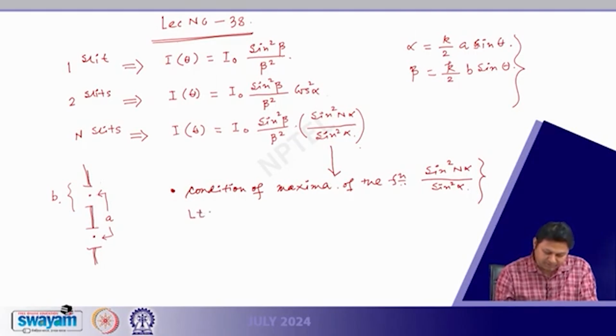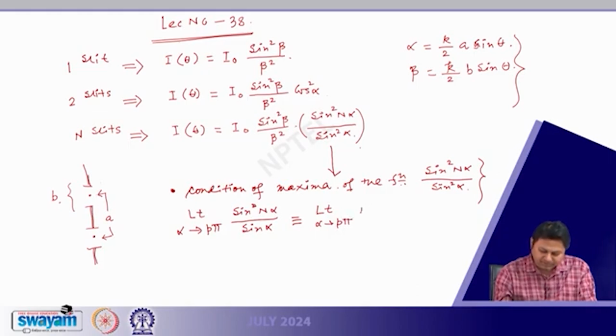If I put alpha equal to p pi, where p is an integer, then the limit of this quantity, let us remove the square because I am trying to find the limit for sine n alpha over sine alpha, using L'Hospital's rule, is the derivative of the numerator divided by the derivative of the denominator.